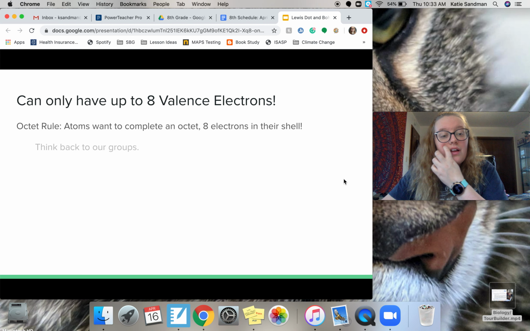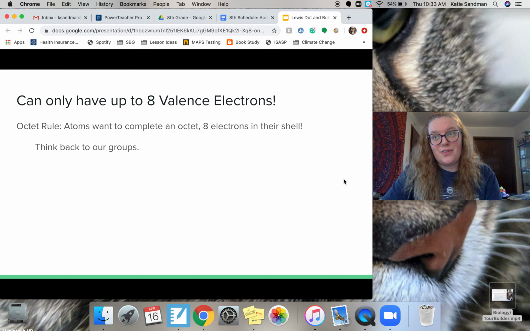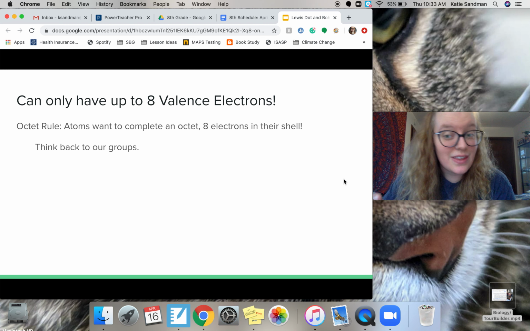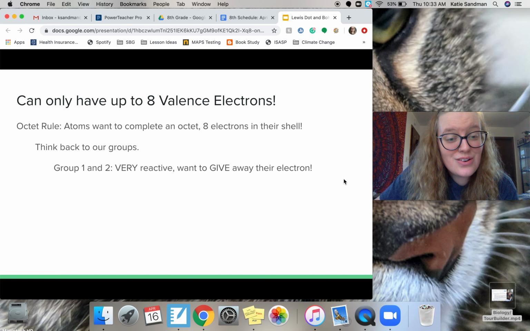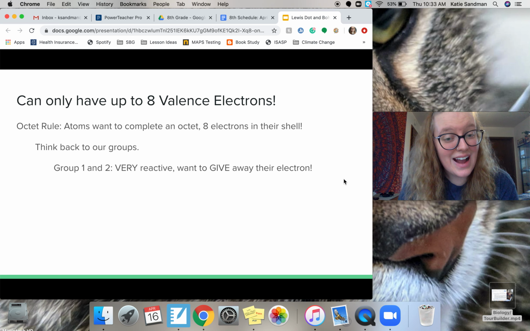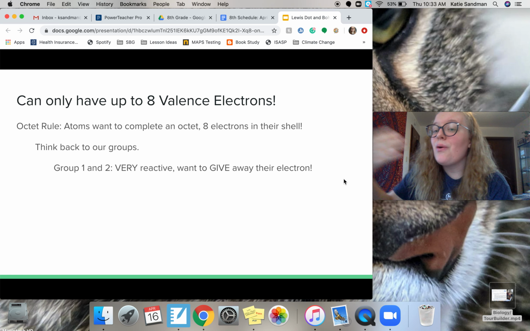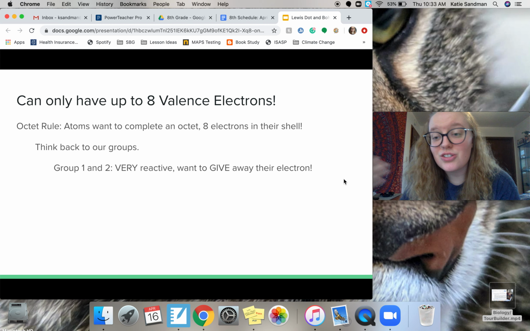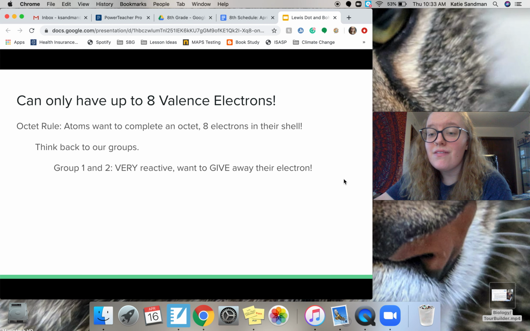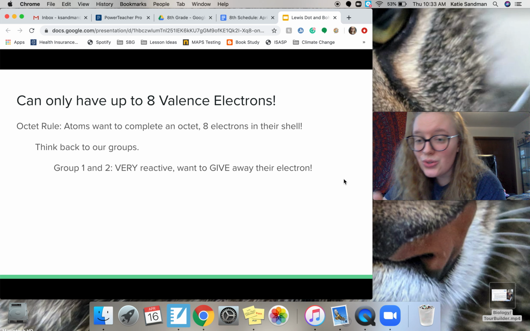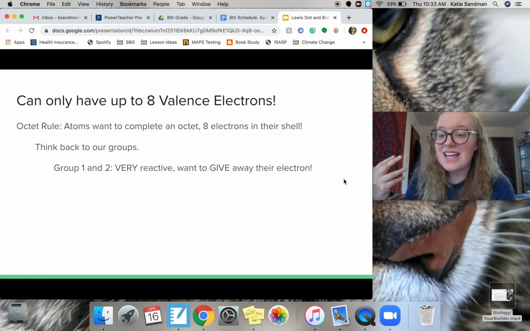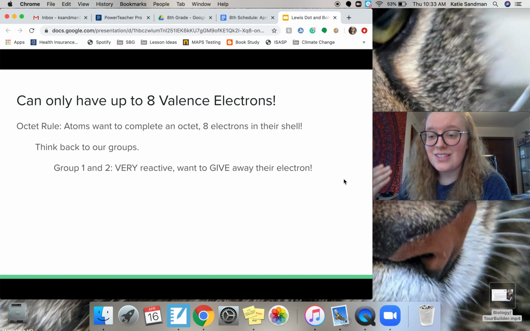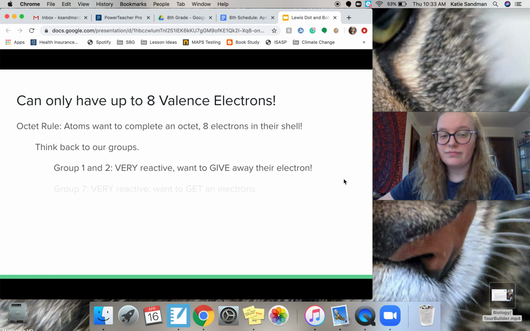So think back to our groups now. This goes along with how reactive some of the groups are. Group 1 and 2, remember, they are very reactive. They want to give away their electron because it's going to be easier for them to give away 1 or 2 electrons than receive 7 or 6 electrons.